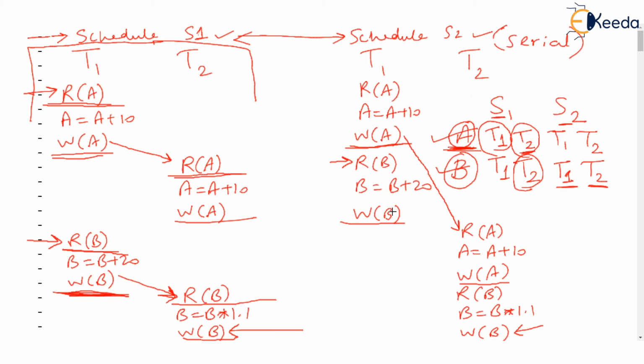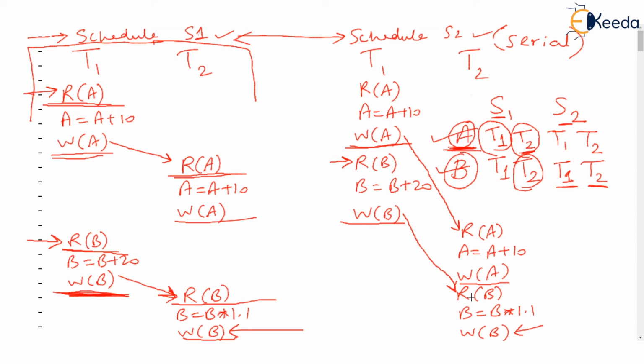So don't worry. And this updated value of B is getting read by this transaction T2 here. That means the updated read operations, the second condition that we saw, are also getting satisfied. Initial read, final write and updated read, all three conditions are getting satisfied.